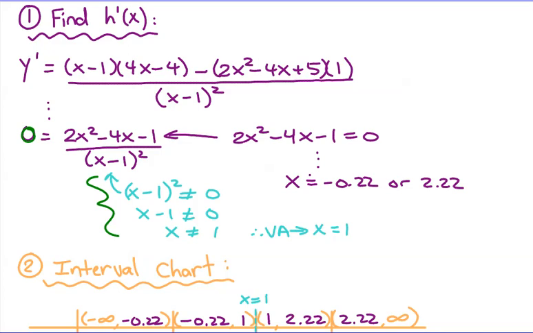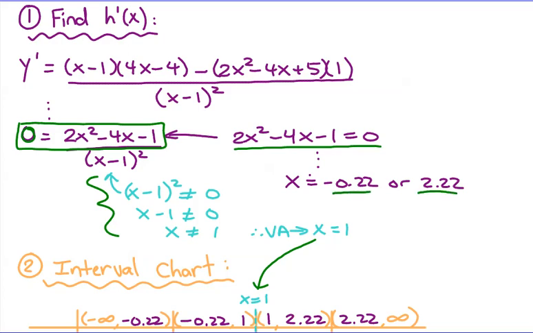So you need to find those vertical asymptotes because those are going to find their way into your interval chart. Looking purely at the numerator, we're then going to solve for any of your x-intercepts. In this case, I probably needed the quadratic formula, and so I got some decimal numbers. Those are also going to go into my interval chart.